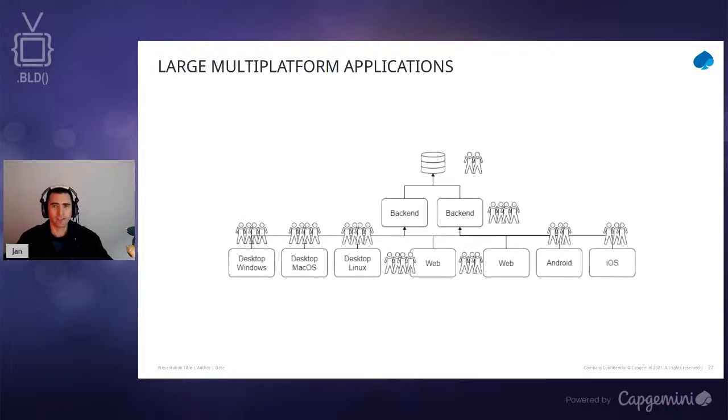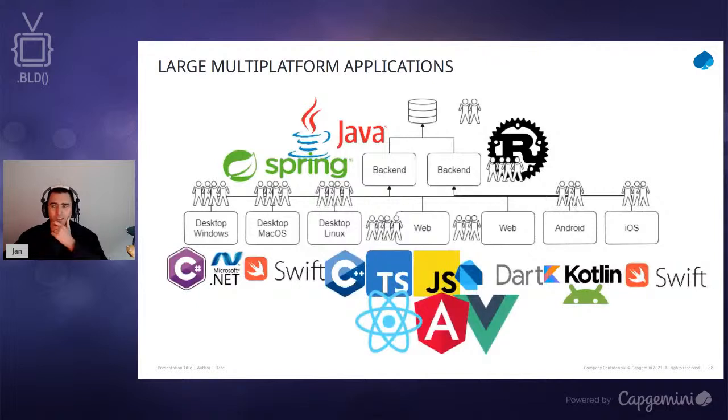And now if you start adding mobile applications to the mix, your stack gets pretty complicated as well. Let's add a bit of color to this. Let's bring this to reality. Let's say, for example, this large organization has a backend application in Java and Spring.